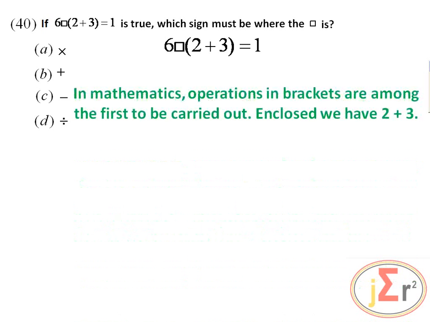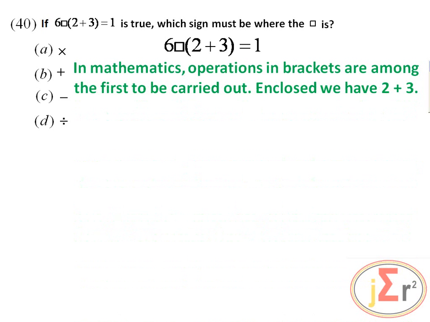So let's go. In mathematics, operations in brackets are among the first to be carried out. Enclosed, we have 2 plus 3. Right, so operations in brackets take precedence over most other operations.